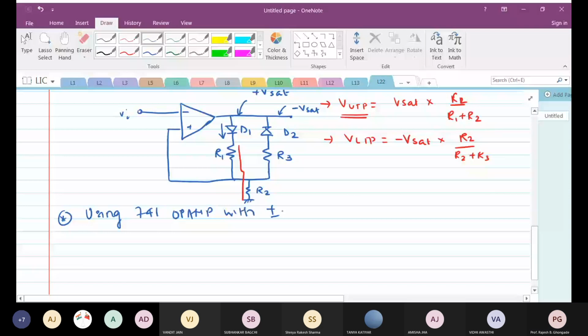So here we are having asymmetrical trip points. So how do you solve this?